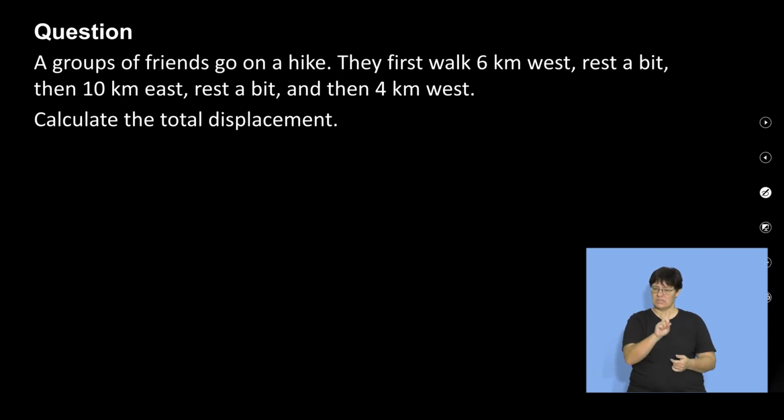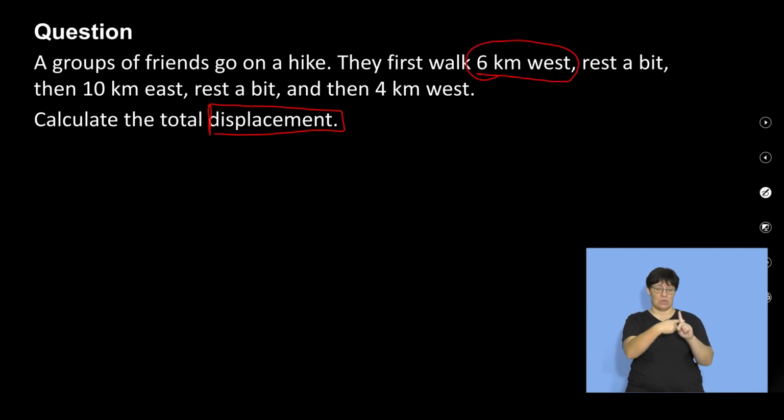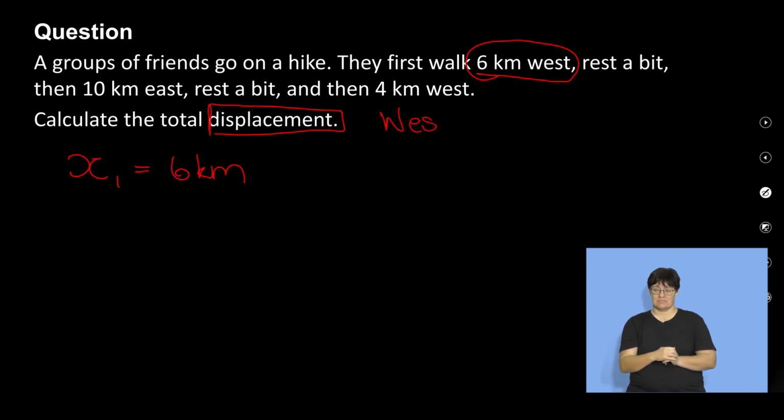Now they want the total displacement. Displacement means I need to choose a direction as positive. I said to you just now, we'll take original direction as positive. So my first one is 6 kilometers, and I'm taking west as positive. I like to write down what I'm taking as positive to remind me.